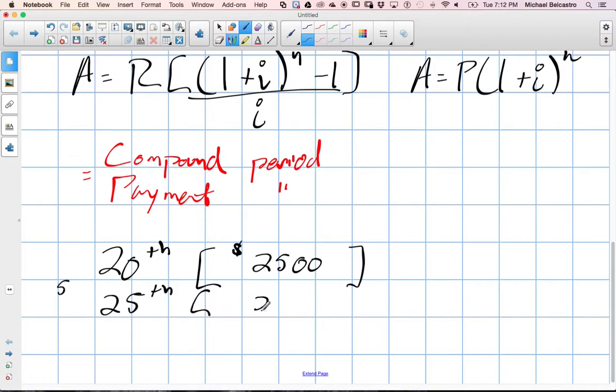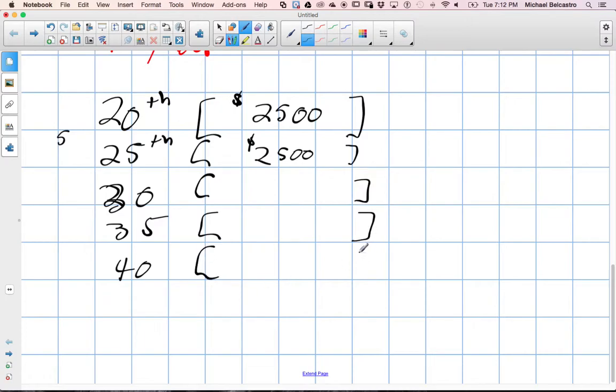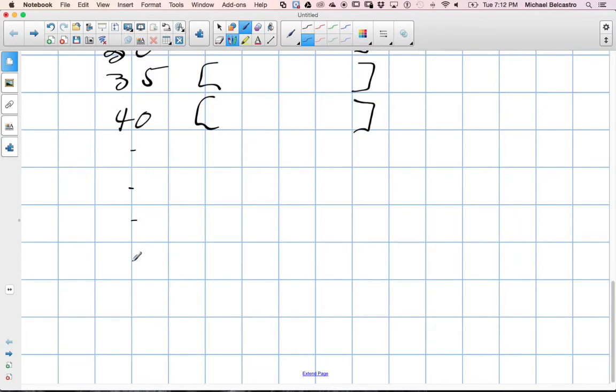Same event happens. And then again on his 30th, 35th, and 40th. Same event is happening in all these timelines. And then at 65, money comes out. This is when he wants to know what he's got.